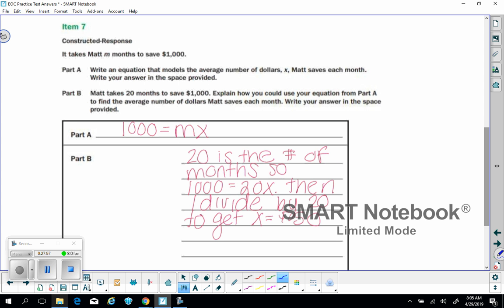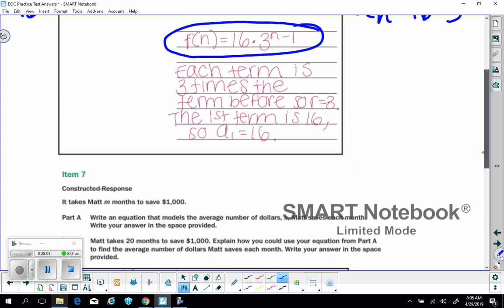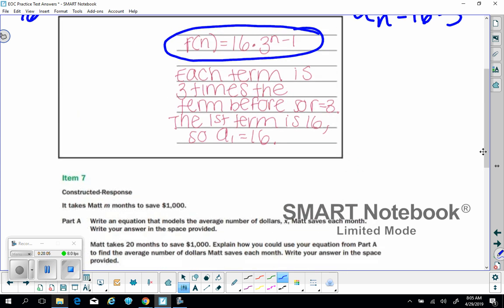So for this next one, it says it takes Matt m months to save $1,000. Write an equation that models the average number of dollars X Matt saves each month. Do we know how many months it took him?